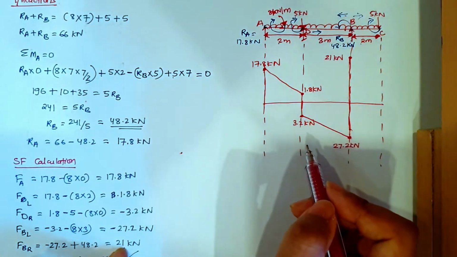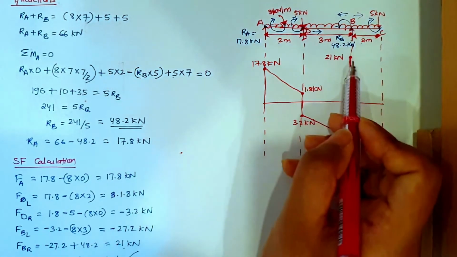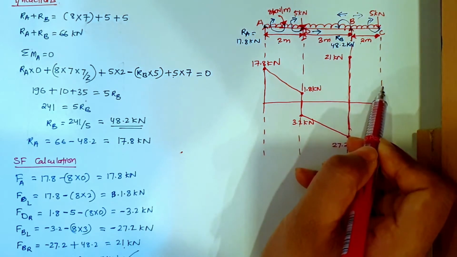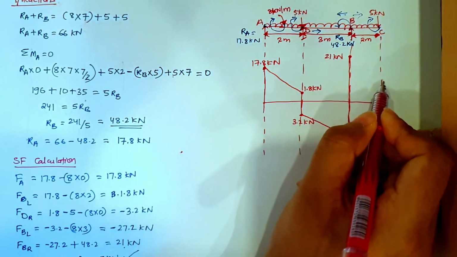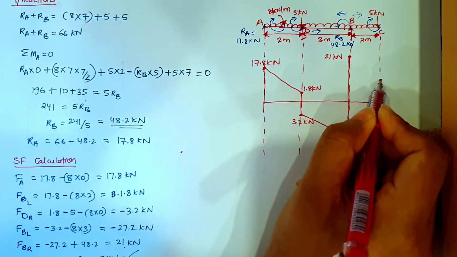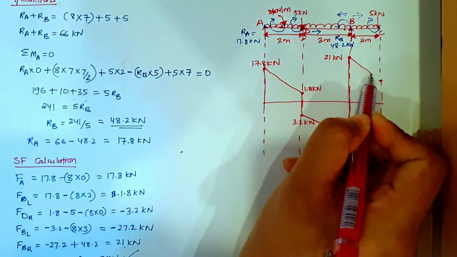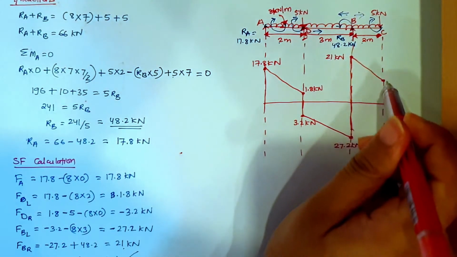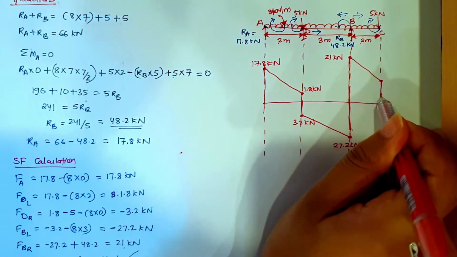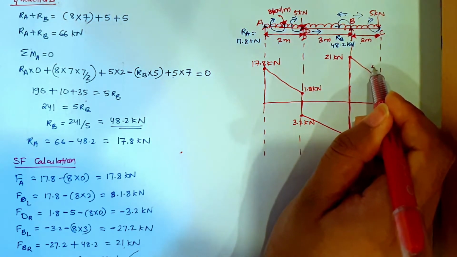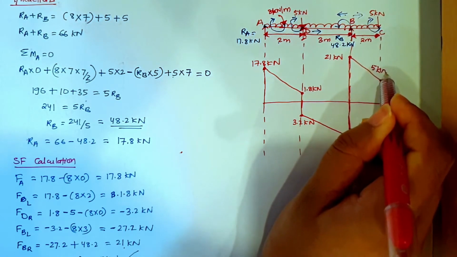Right? Now at C, from this point directly at C, it is becoming 5 kilonewton, so I'll mark somewhere around here 5 kilonewton. Join this point and then this point here, so this here is 5 kilonewton.